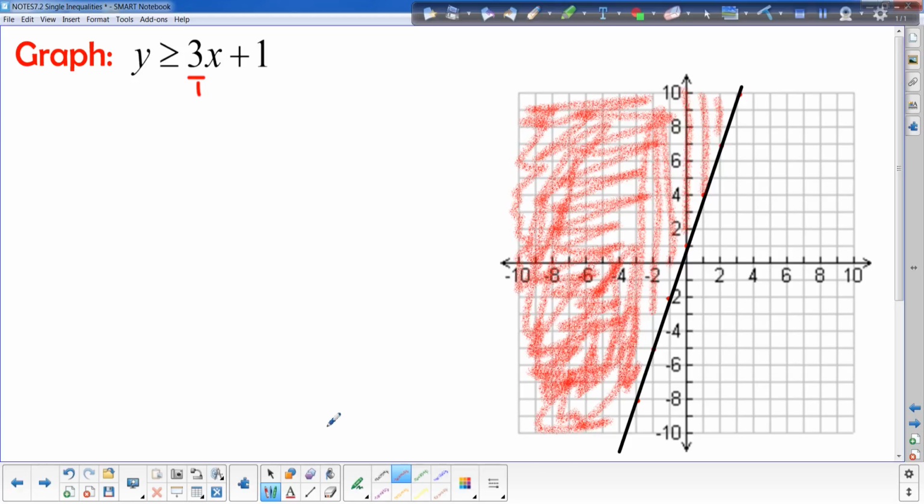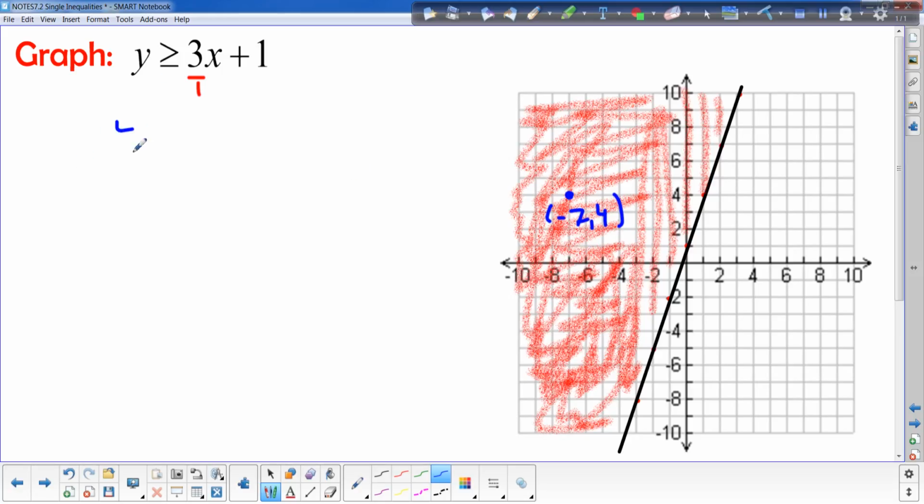Just to show you that we shaded right, because we always want to make sure that what we did is right, I'm going to pick a random point, maybe right here. This is the point negative 7, 4. I'm going to plug those values in.